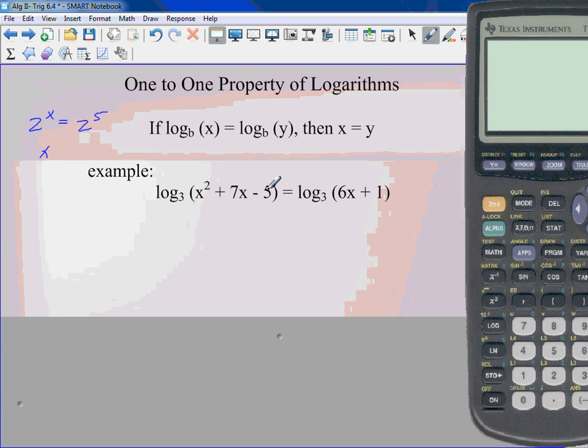What's different here? They are equal to one another. This whole side has to be the same base as the other side. Both of these are base 3s, right? The log base 3s will cancel out. I will be left with x squared plus 7x minus 5 equals 6x plus 1.